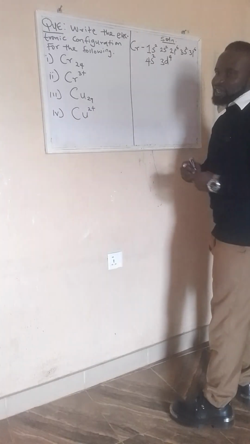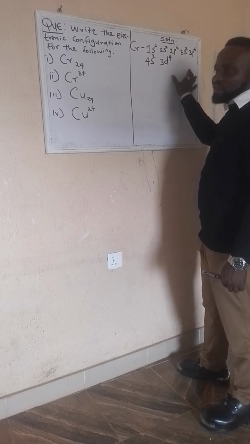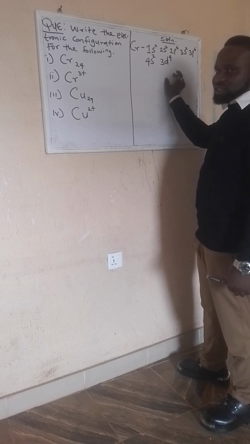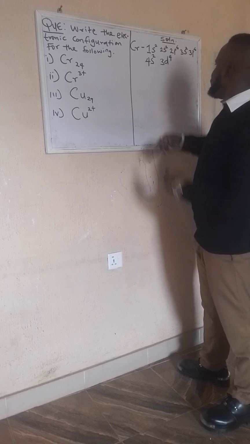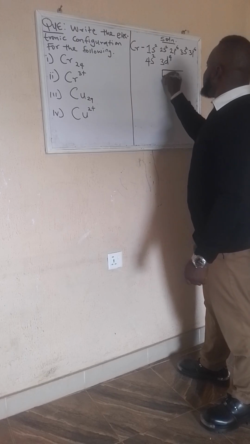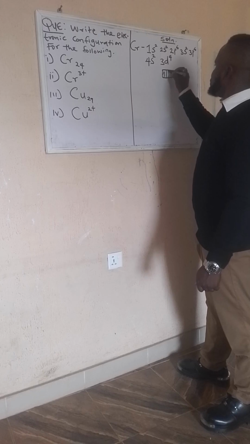Now why is it like that? The d orbital has 5 suborbitals, isn't it? If you are to draw for this, follow carefully. It means you have, according to Hund's rule, 1, 2, 3, 4.